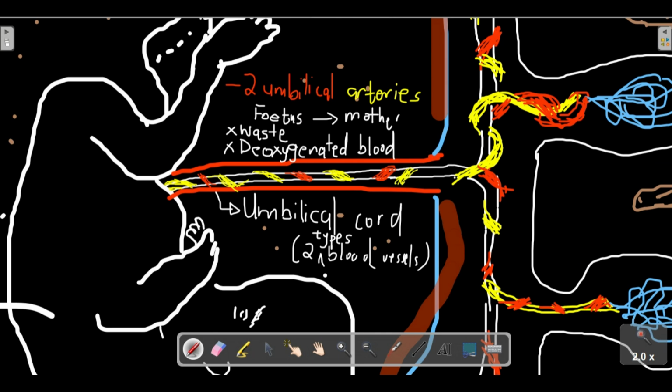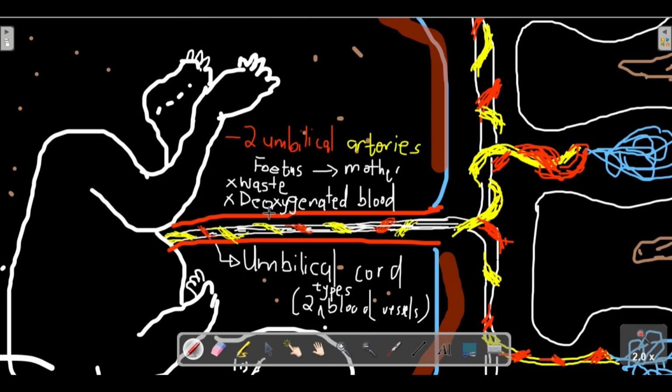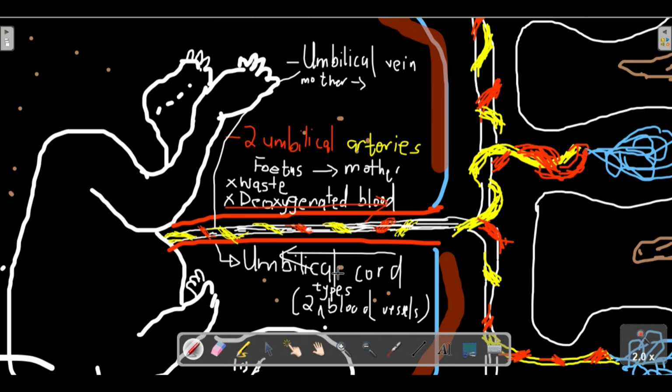Now, we also have this other blood vessel that is in white. There's one of it. This blood vessel is called the umbilical vein. The umbilical vein takes from the mother to the fetus, whereas these two arteries transfer from the fetus to the mother.